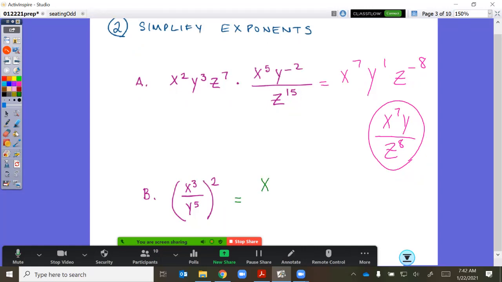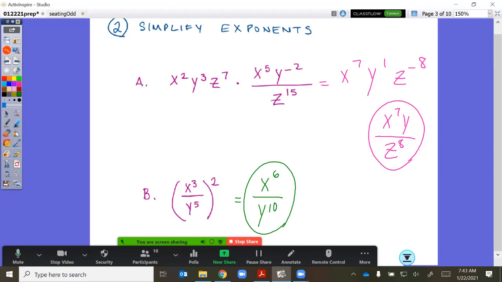So I get x to the 6th over y to the 10th. And that's it. I just multiply. It's the only time I get to multiply exponents. And the 2 outside affects both things inside.